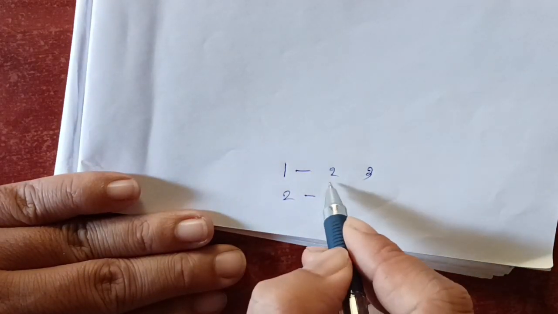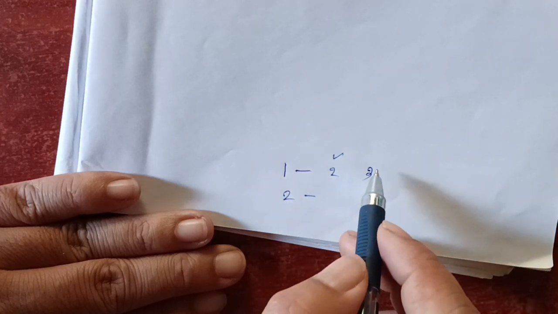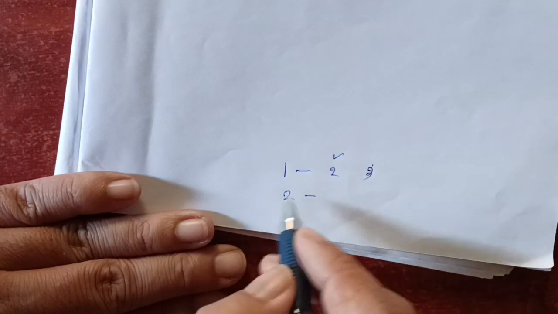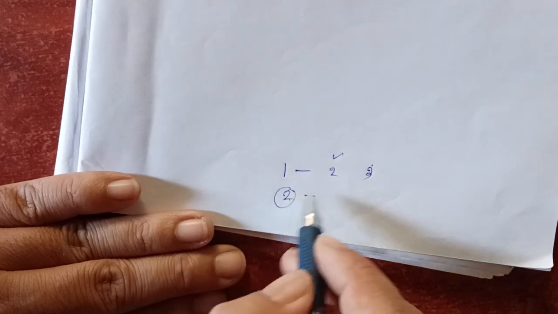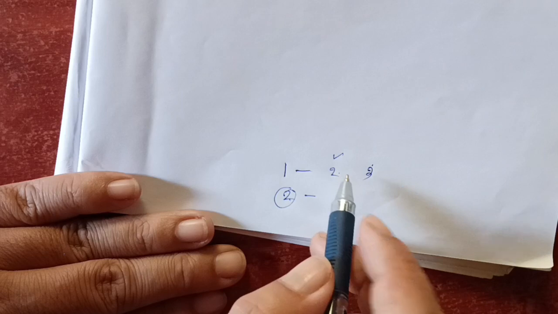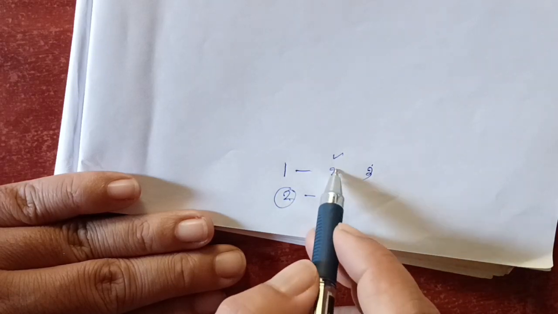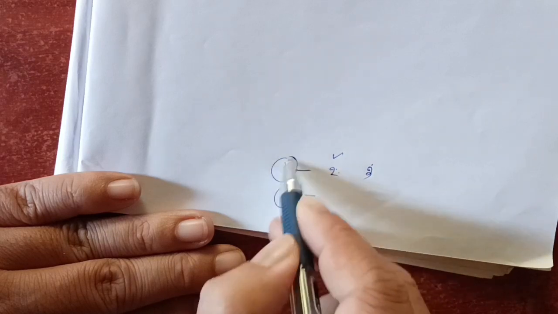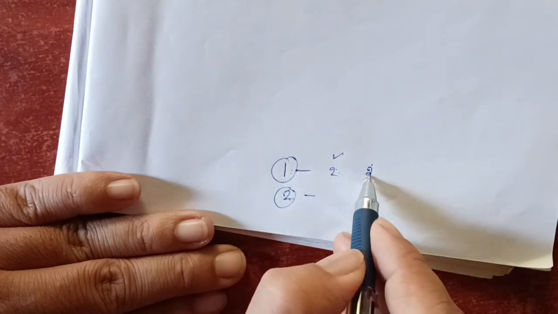Number 2, it can be divided by this 2, but it cannot be divided by 3. All right, then we cannot take this 2. Because 2 can be divided by 2, so we will only consider a number where it is not divisible by 2 and 3. Okay, 1 cannot be divided by 2 and 1 cannot be divided by 3.